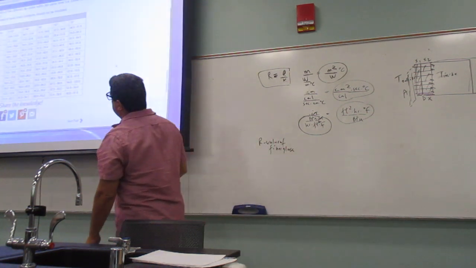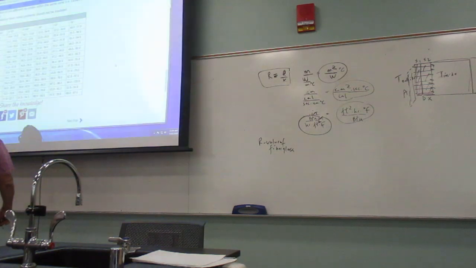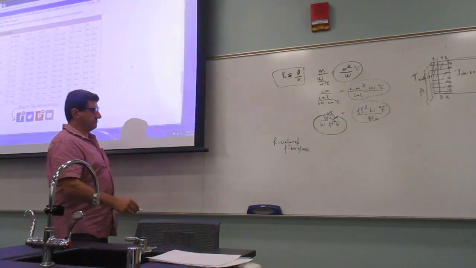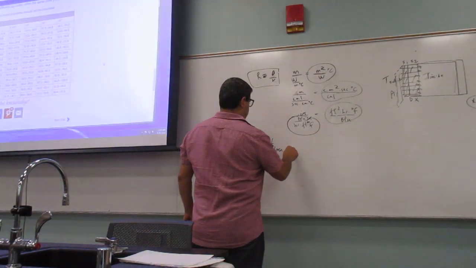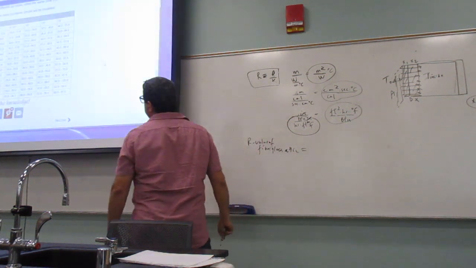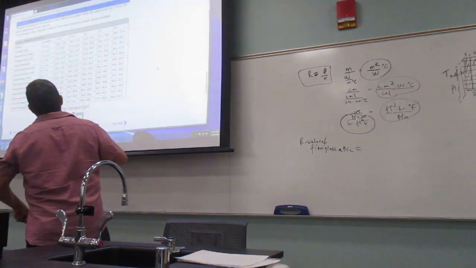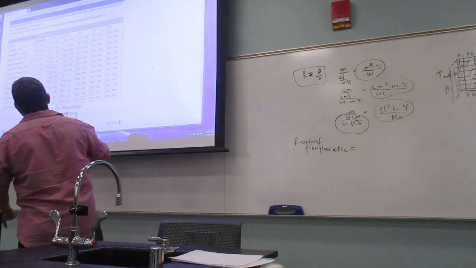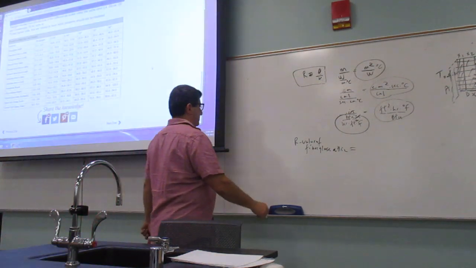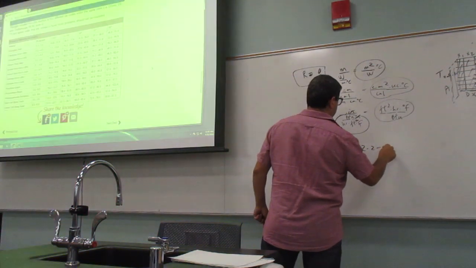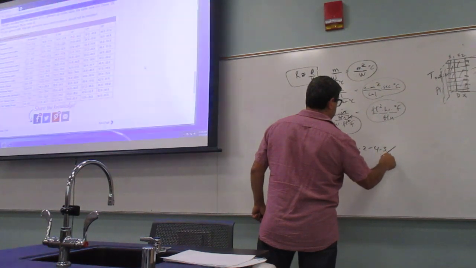Okay, so let's say you are doing the attic fiberglass. Then that would be somewhere between 2.2 and 4.3 per inch.